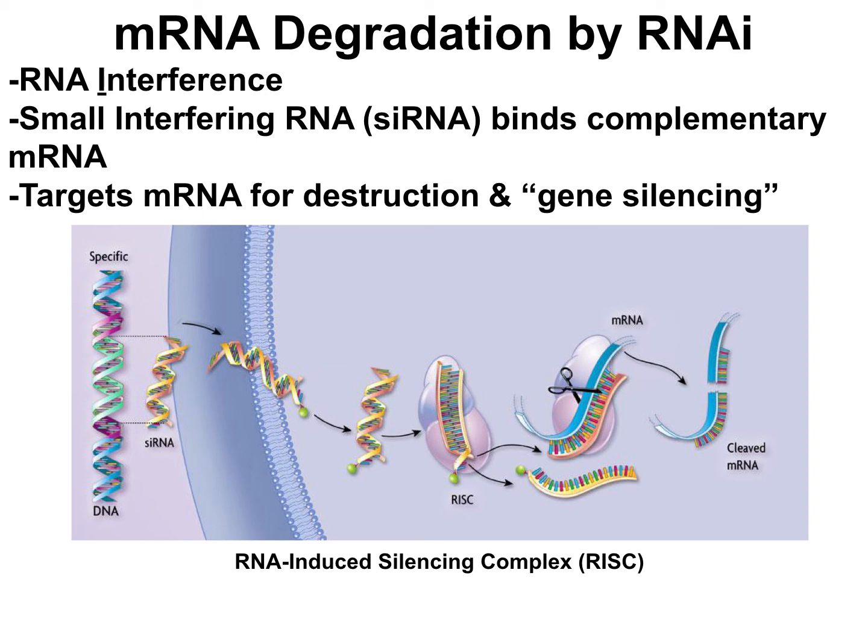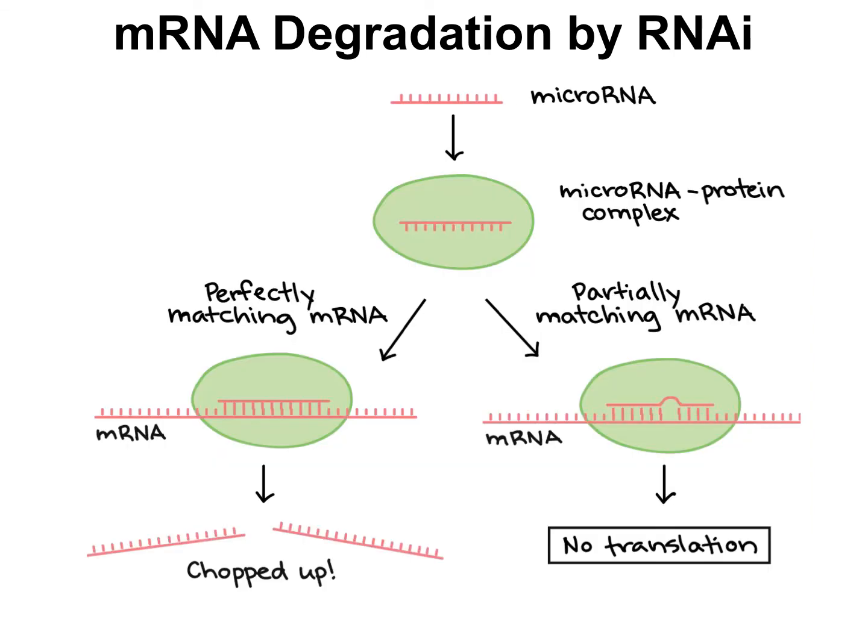In order to work, though, an siRNA has to be joined with proteins to form a RISC complex, or RNA-induced silencing complex. Now, the RISC goes around and tests RNAs that are out in the cytoplasm, and if the RISC finds an mRNA with a complementary code, that mRNA will be chopped up and no more proteins can be made from that mRNA, turning the gene off.